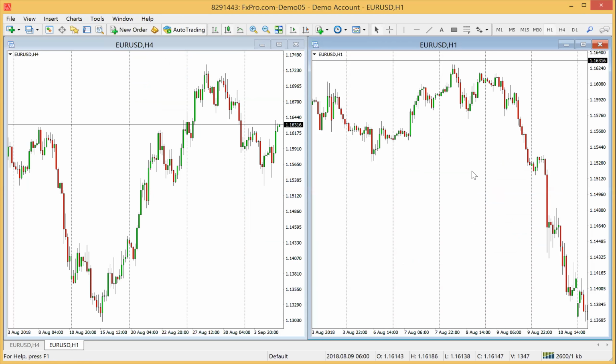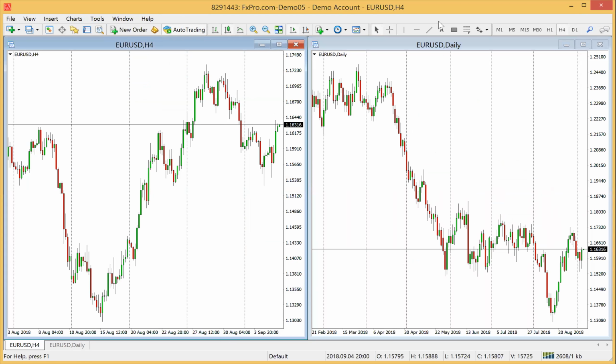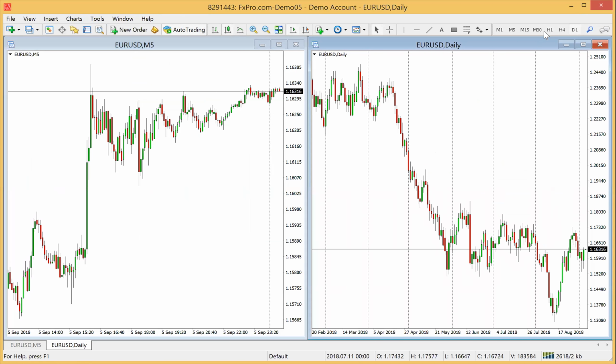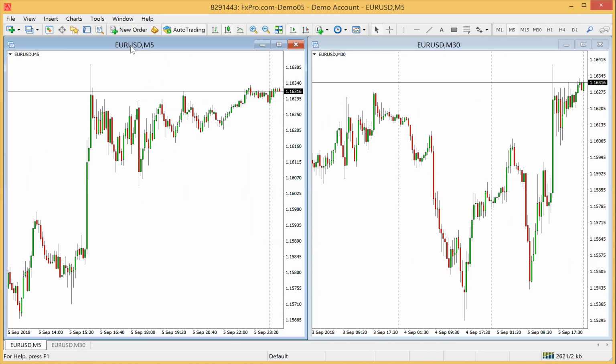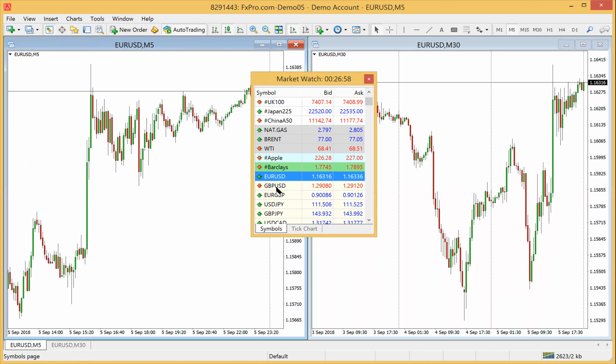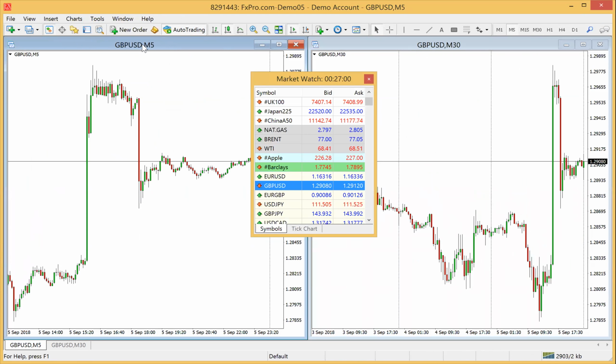You can simply have the 4-hour time frame there and the daily time frame there, or you can have the 5-minute time frame there and the 30-minute time frame there, as long as you've got the currency pair the same. You can do that on any currency pair, whether it's GBP USD. Just make sure that it's both GBP USD.